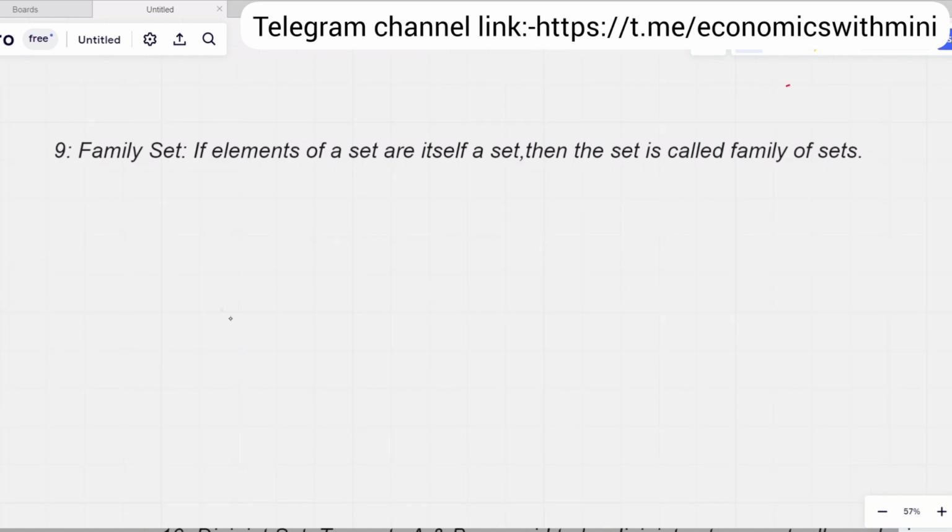Next, family set. If the elements of a set are themselves sets, then the set is called a family of sets. Alright? For example, A equals {{1}, {2}, {1, 2}}, which means that set A contains sets as elements, that is {1}, {2} and {1, 2}.